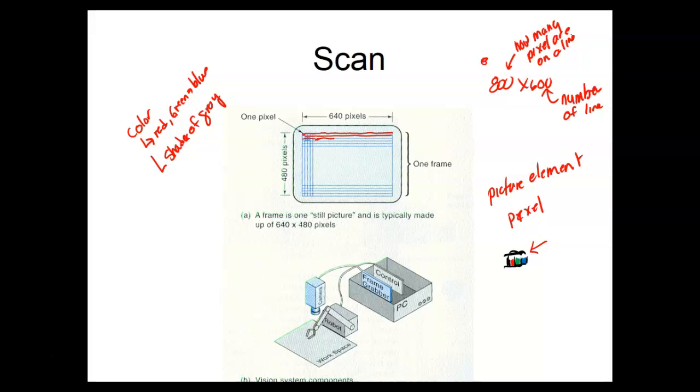So the processing power now, guys, is in the camera. And it was amazing to me.